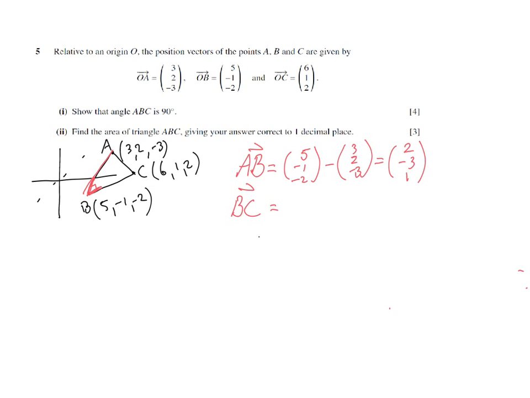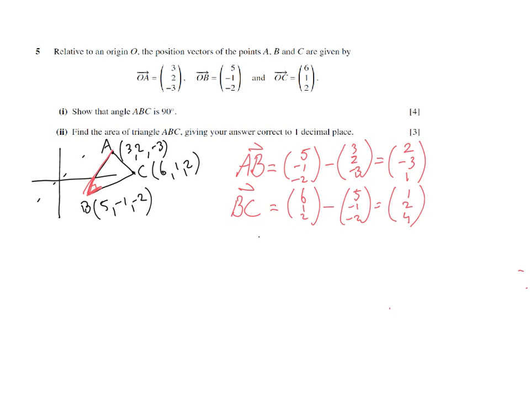Well, we have to go back from B to O, so minus OB plus OC. OC is 6, 1, 2, take away 5, minus 1, minus 2. So what is that? That is going to be 1, 2, 4. So take care of those negative signs. A negative negative makes a positive.